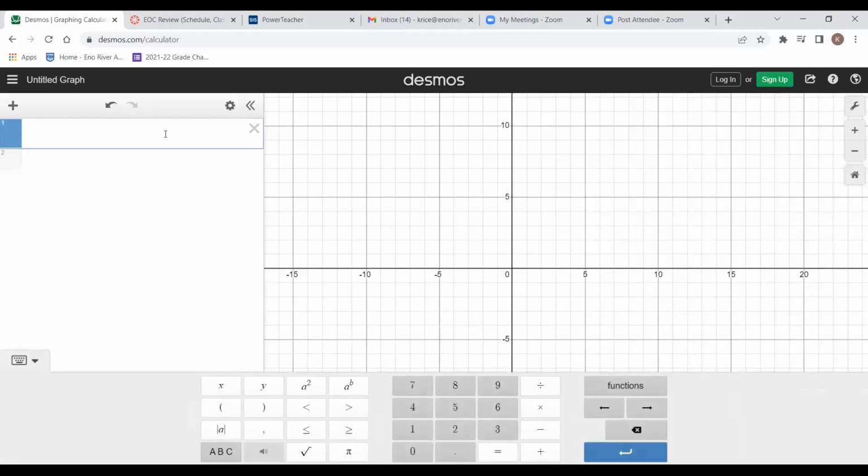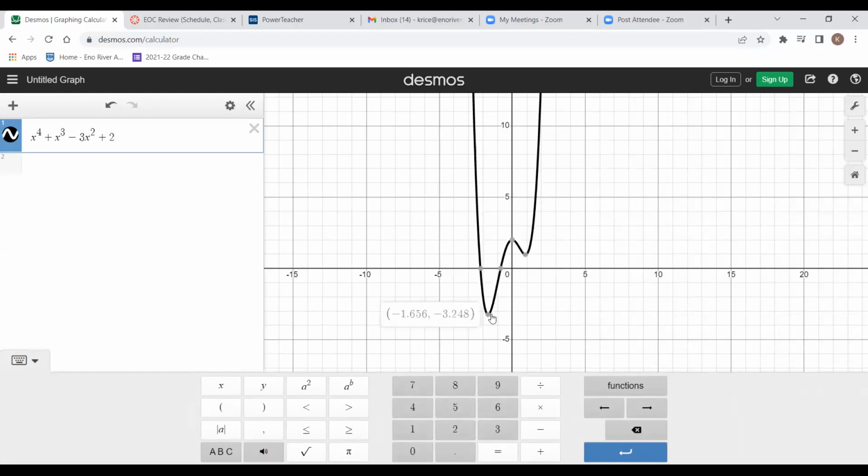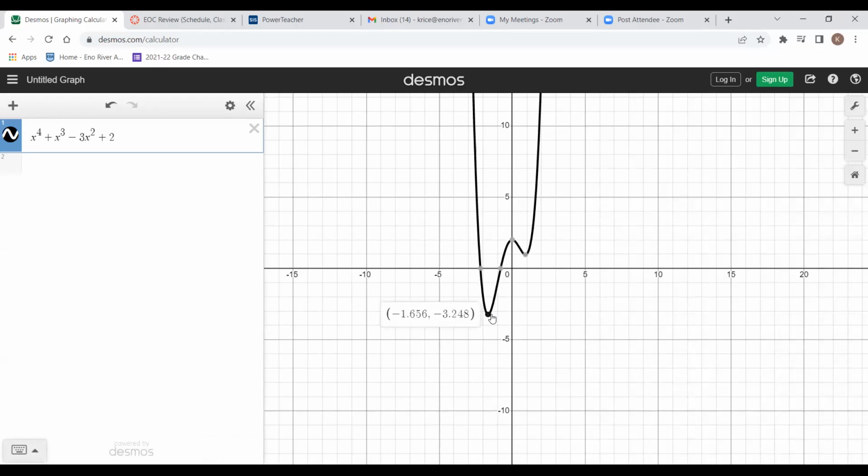So let's see, x to the 4th plus x to the 3rd minus 3x squared plus 2. -3.248. I mean, that's definitely lower.